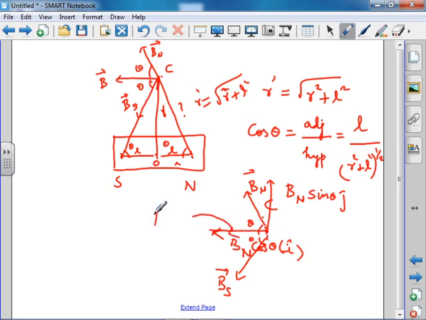So it is Bs cos theta minus i cap, and its vertical component lies exactly opposite to Bn sin theta j cap. So this is Bs sin theta j cap, and this comes in negative. Why? The reason is it is along the negative y direction.